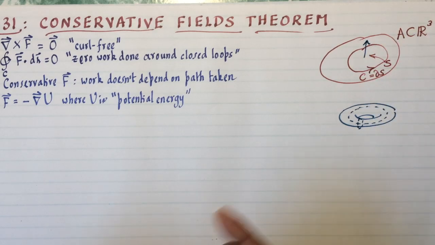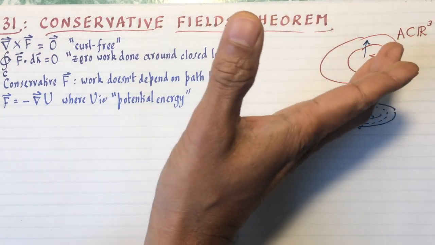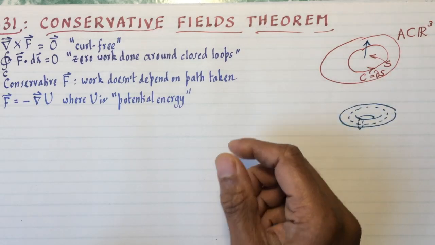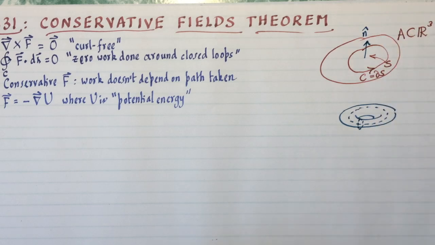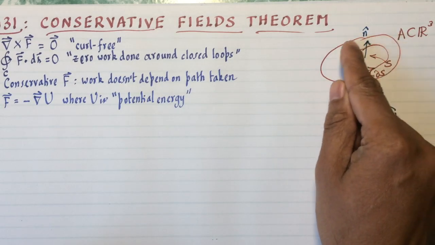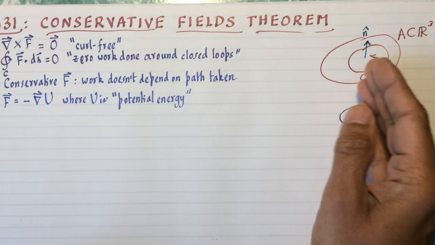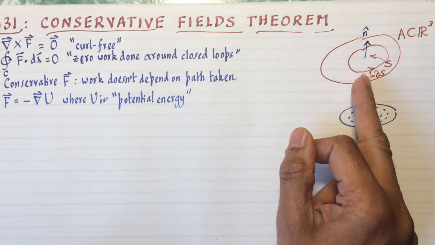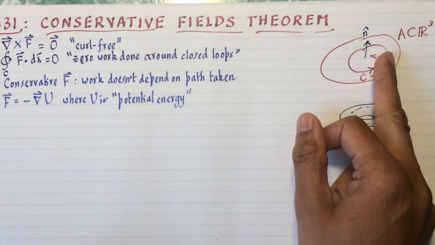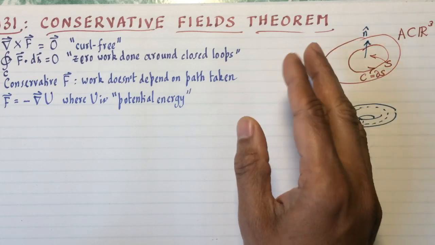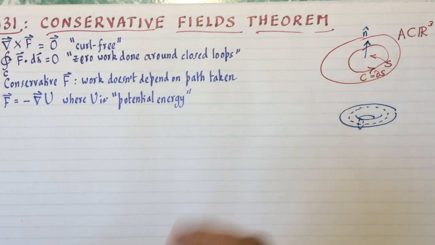So you imagine that you're going around this curve with your right hand. There are two ways of thinking about the normal convention n hat. One is if you're walking on a trail around a lake, then the lake always appears to your left. We are assuming that you're walking on your feet and not upside down. So if you walk normally, then the lake always appears to your left, and you're walking counterclockwise.